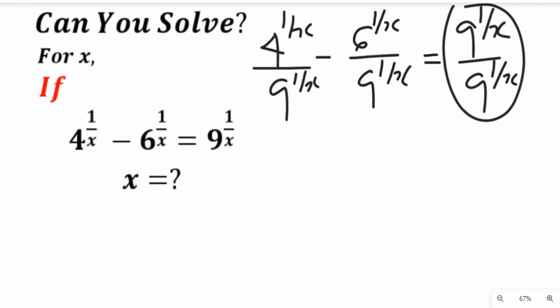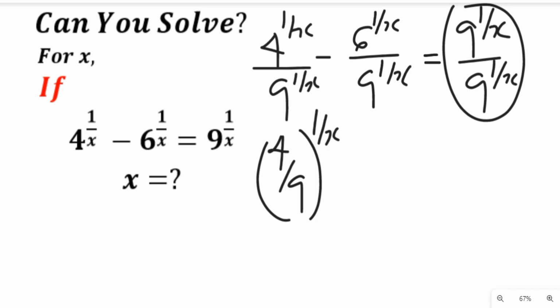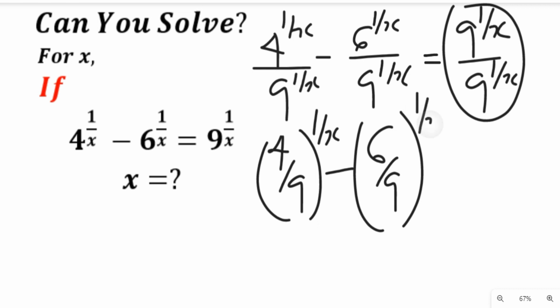This whole value will give me 1. So we're going to have 4 divided by 9 all to the power of 1 divided by x, since they have the same power, minus 6 divided by 9 all to the power of 1 divided by x, and this will be equal to 1.